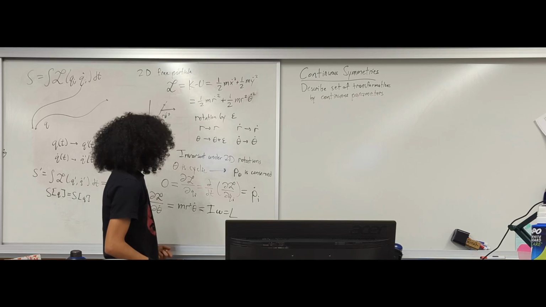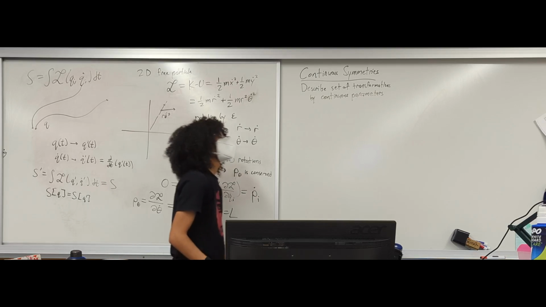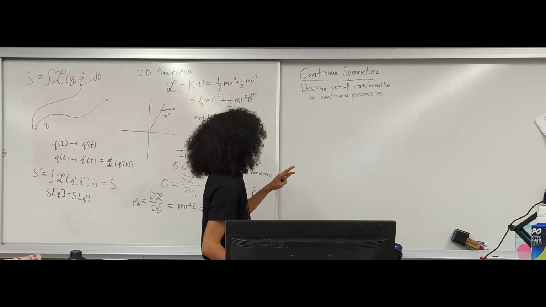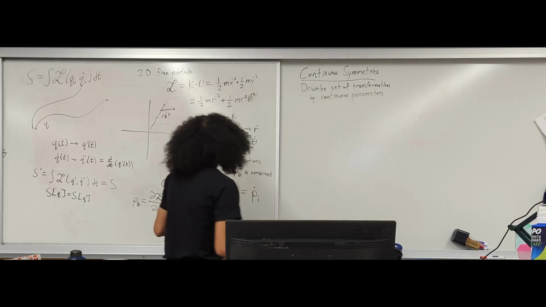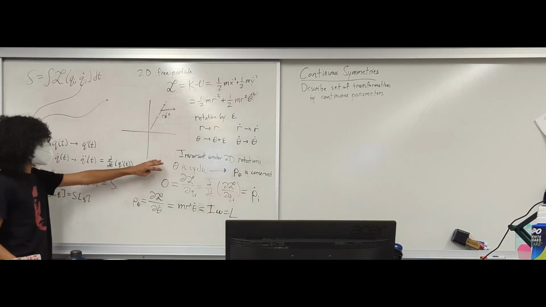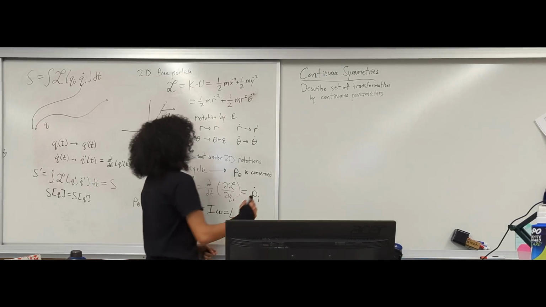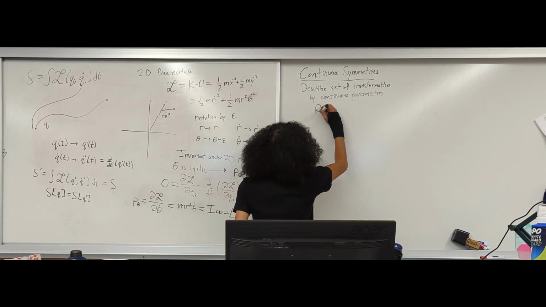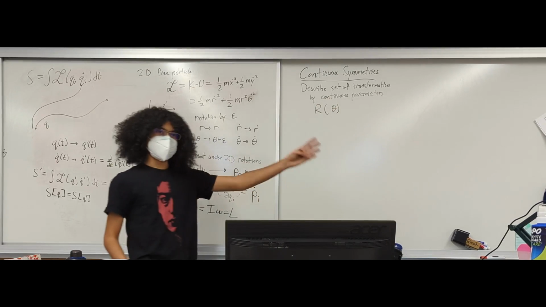And moreover, what we usually want is that, for 2D rotations, the actual rotation is given by this parameter theta, which is the angle that we want to rotate by.